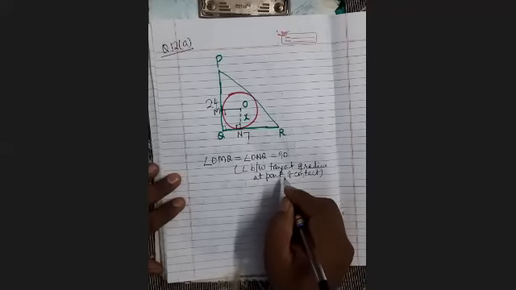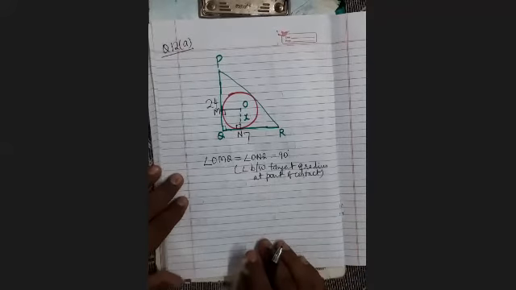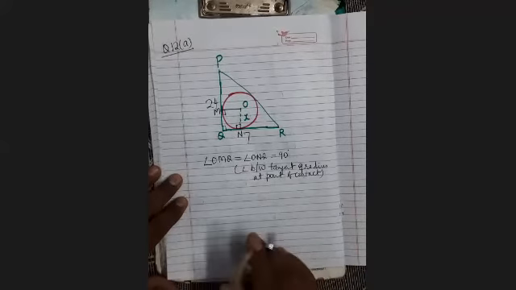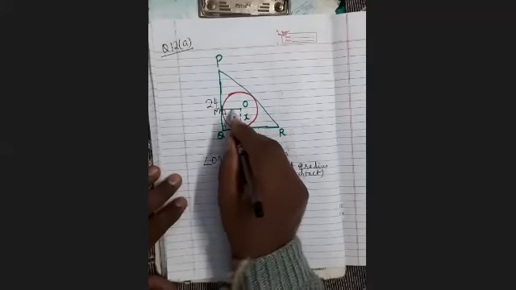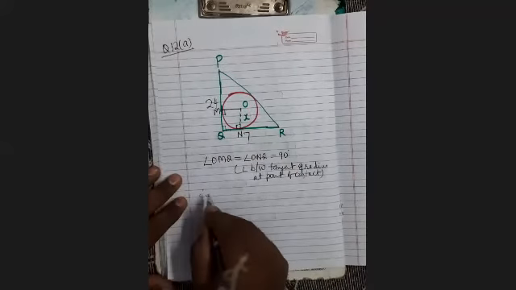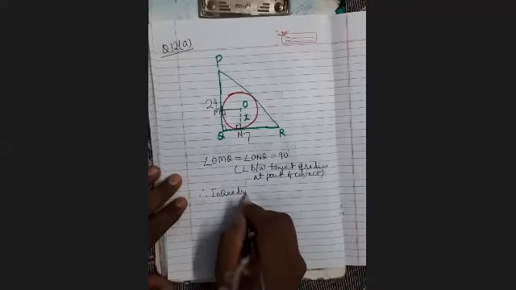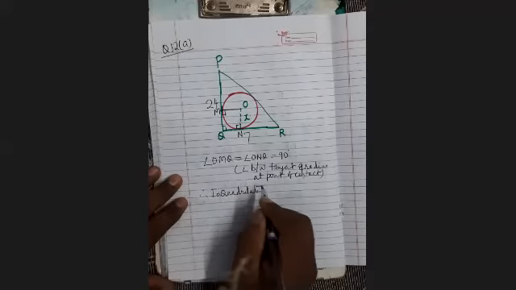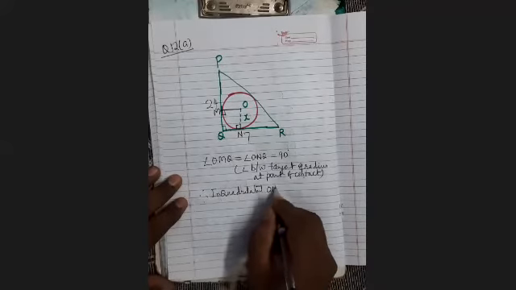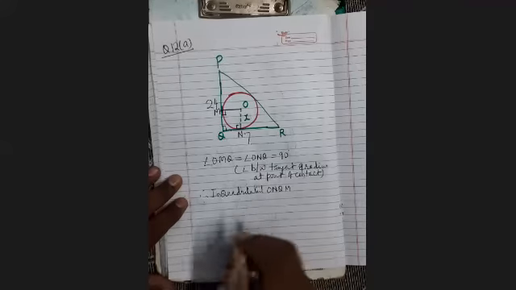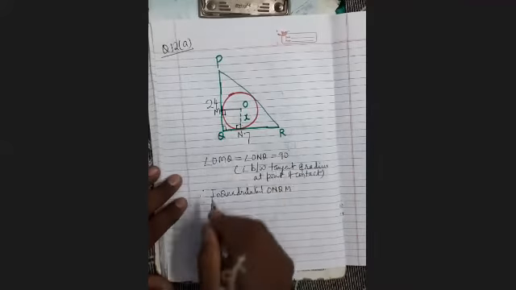Angle between tangent and radius at the point of contact will be equal to 90 degrees. Therefore, in quadrilateral ONQM, three angles are 90.